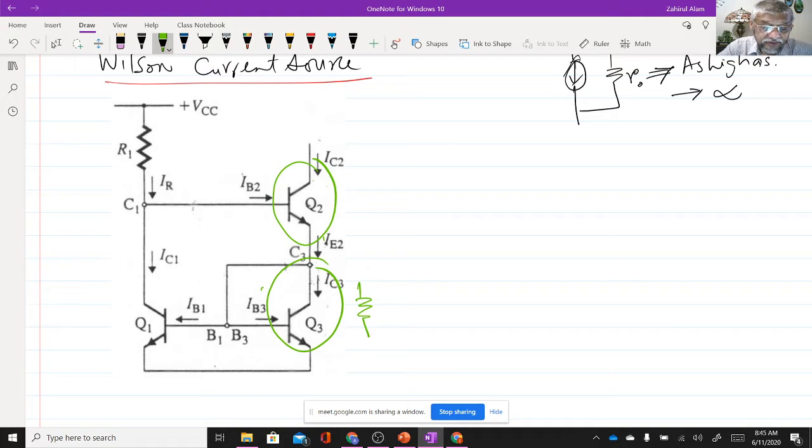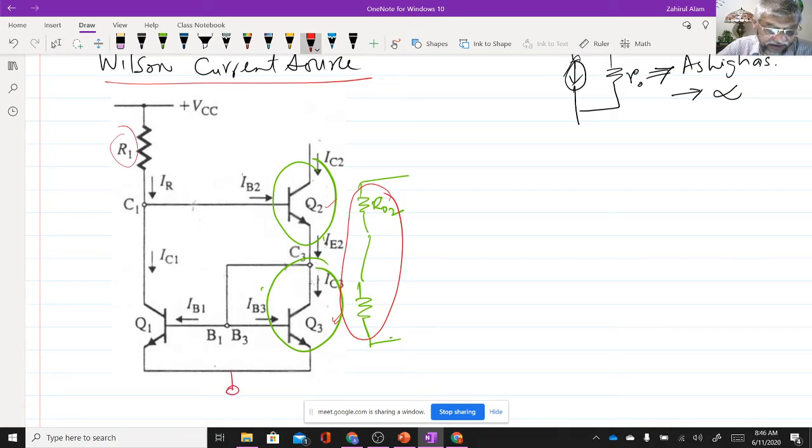If they are connected in series, then the total resistance is increased. So because of this connection, we can increase the output resistance. Now we need to find how we can design the value of R1.